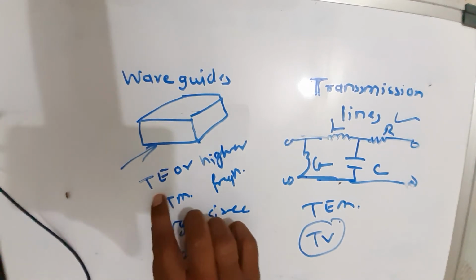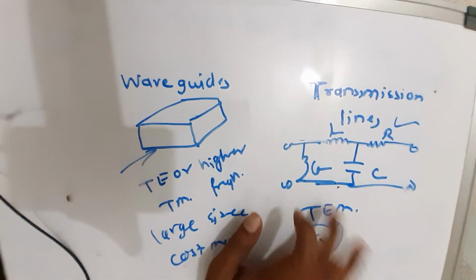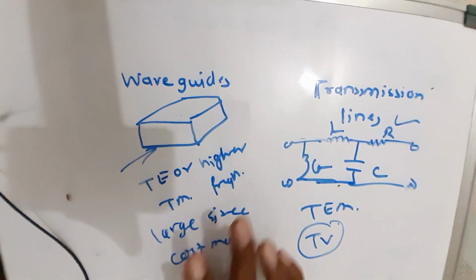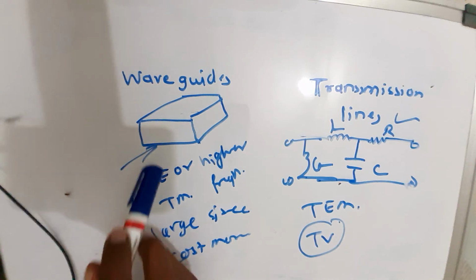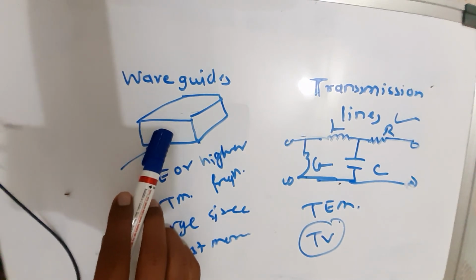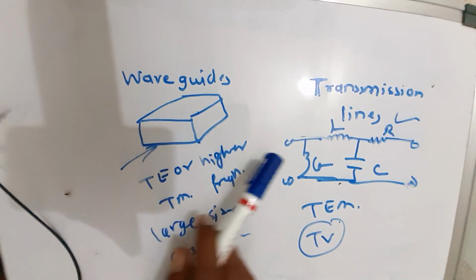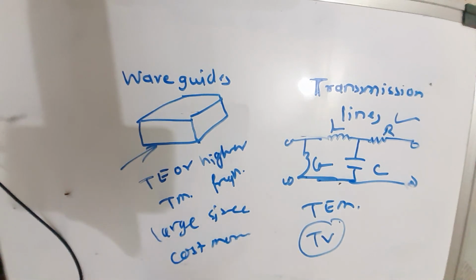Here we have TE or TM mode, there we have TEM mode. Cost is more, size is more, and it is a circular, elliptical or rectangular waveguide. A transmission line has different components, that is R, L, C, G, the primary line constants, and alpha, beta, gamma, the secondary line constants.